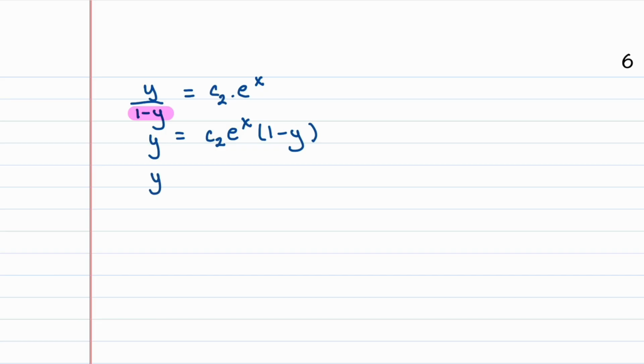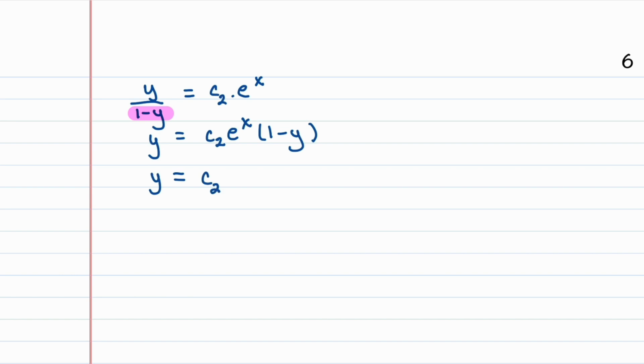We have y over 1 minus y is equal to c2 times e to the x. Now we need to solve for y. So what we're going to do is take this denominator and multiply both sides by that. So we have y is equal to c2 e to the x times 1 minus y. We want to solve for y, so let's distribute what's on our right-hand side.